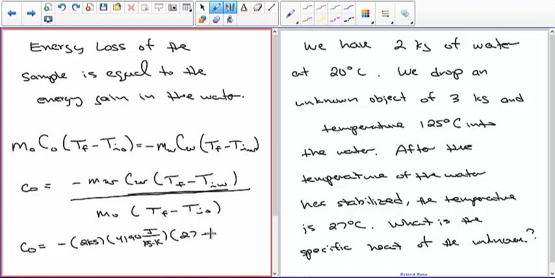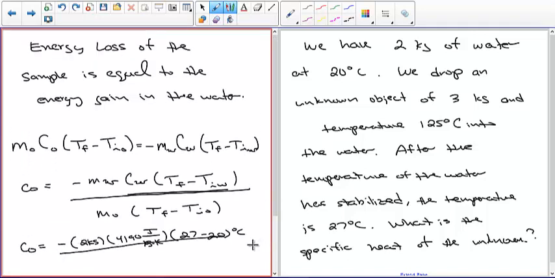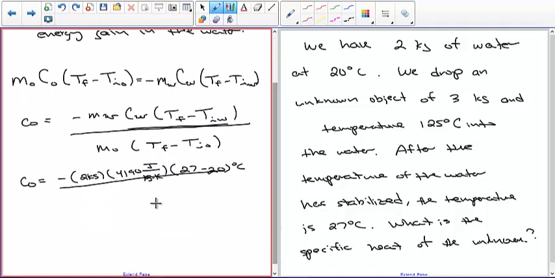The initial temperature is 20 degrees C. We divide by the mass of the object, which is 3 kilograms. Final temperature 27, initial temperature 125. Plug that into your calculator. See what we get. You don't have to convert, because it's a difference in temperature.